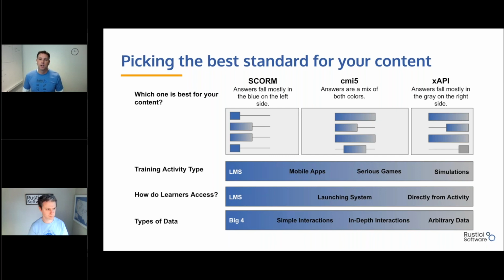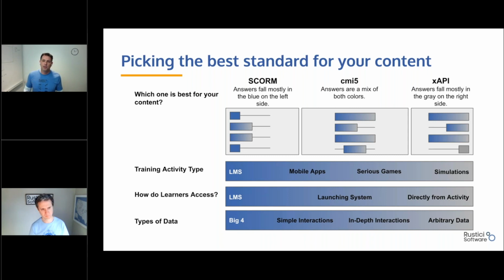There's no defined ending. It may be that you're capturing single statements. One of the easiest ways to get started capturing xAPI data is via our bookmarklet, linked on our website. And there's no concept of a session here. You just go to a web page and you want to capture that you read that web page. Well, you can use the bookmarklet, and that sends xAPI data to an LRS. There's no LMS involved there, and that's really where xAPI starts to shine.